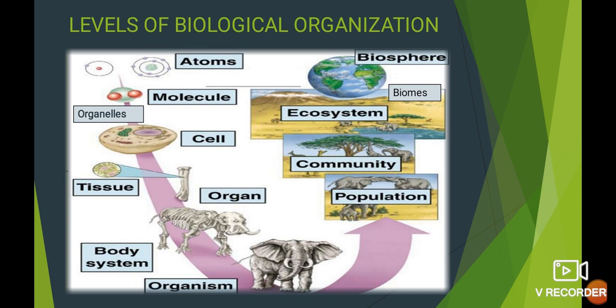These organelles are macromolecules that assemble, and they are known as the little organs of the cell. They are found inside the cell. Examples are the nucleus, mitochondria, and ribosomes. Those are what we call organelles.